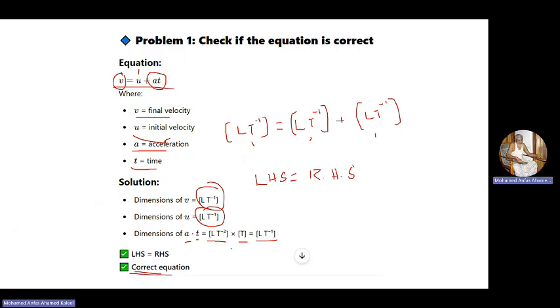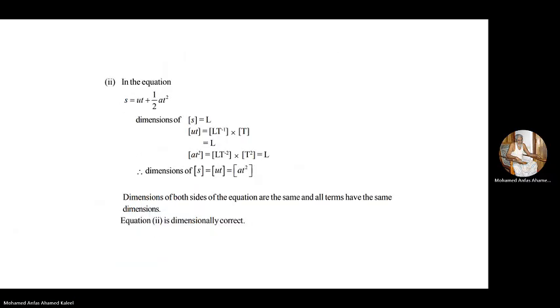Okay, we will check the next one. In the second equation, it is mentioned s is equal to ut plus half at squared.